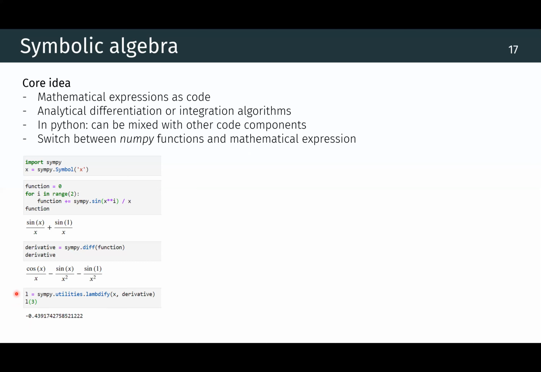But this lambdify uses numpy, so it's definitely fast. So again, this lambdify step is going to take some time, but the function call afterwards is basically fast.